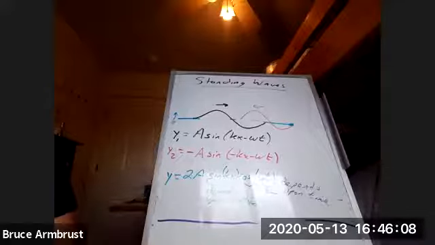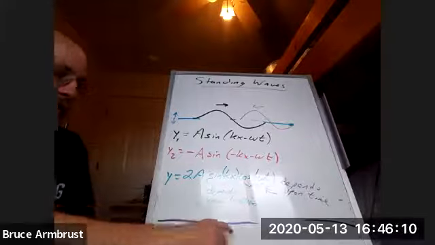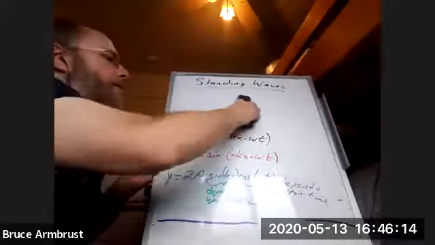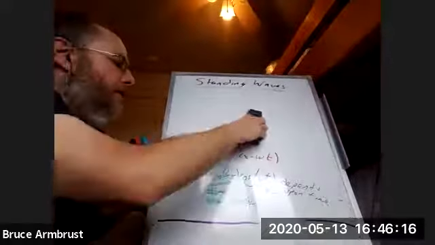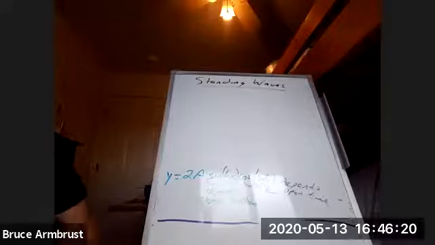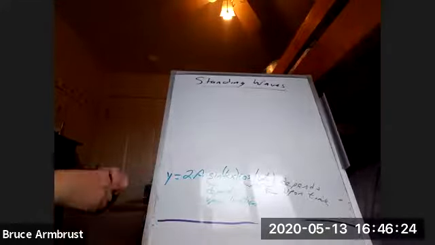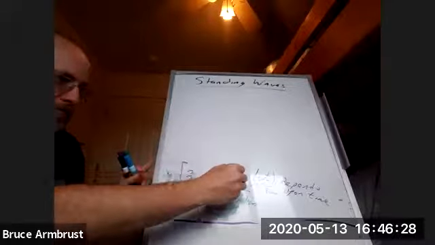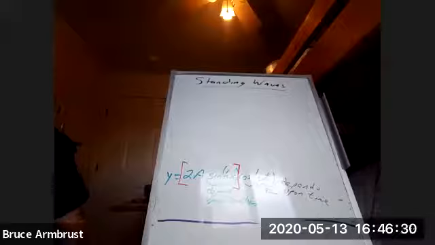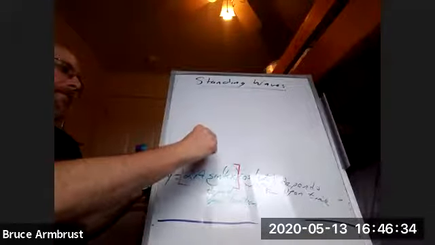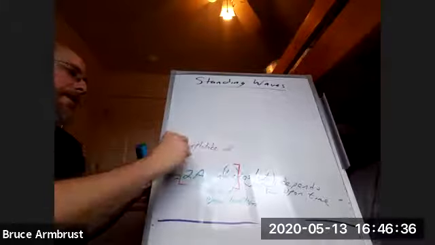Okay, so let's look at this location thing, and let's look at that sine. If we really wanted to look at this in terms of what's happening at any one place, then the 2A sine, this is the amplitude of the oscillation.